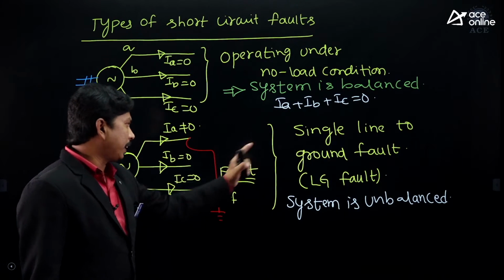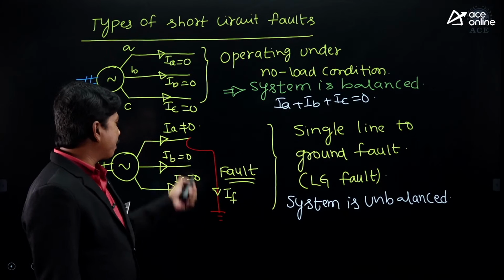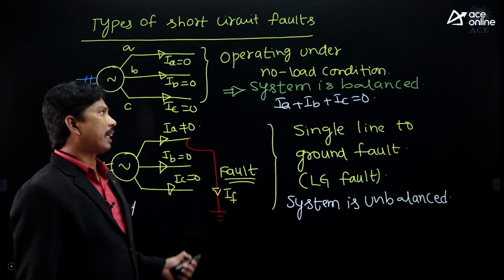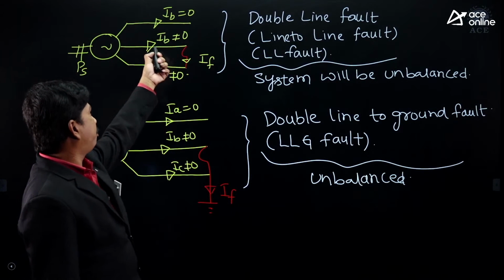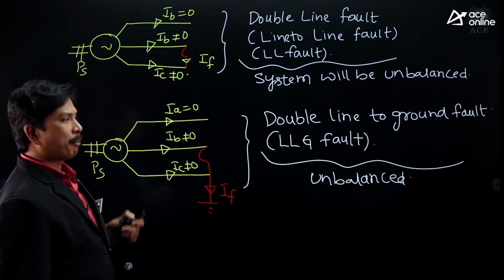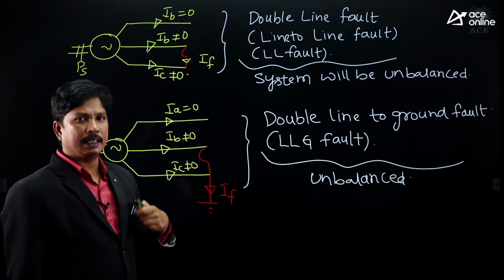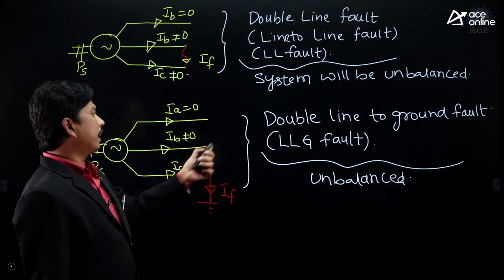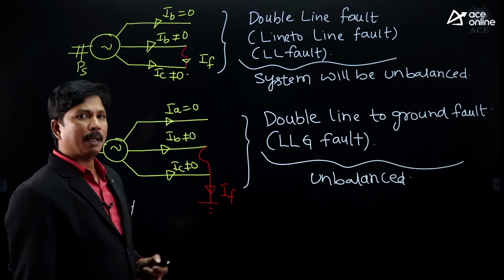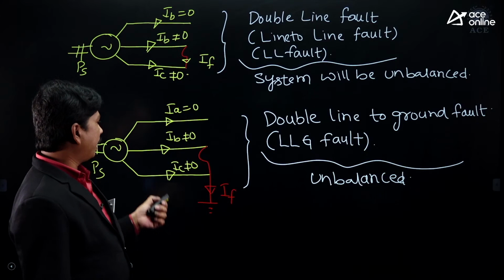In case of LG fault, IA is there and IB and IC are not there. The system is unbalanced. In case of LL fault, we have B phase and C phase currents only, so IA plus IB plus IC is not equivalent to 0. In LLG fault also, IA plus IB plus IC is not equivalent to 0.